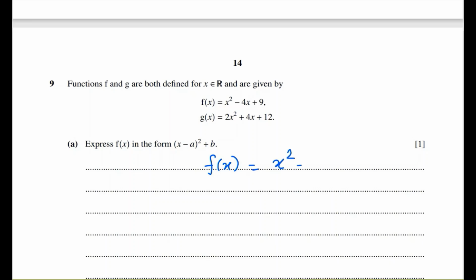The coefficient of x is negative 4. Negative 4 divided by 2 is negative 2. So (x minus 2) the whole square, and subtract the 2 square value. So minus 2 square plus 9. So it is (x minus 2) the whole square, minus 4 plus 9 is plus 5.